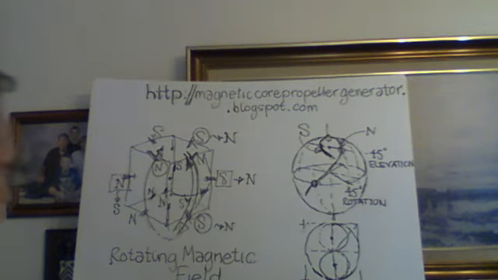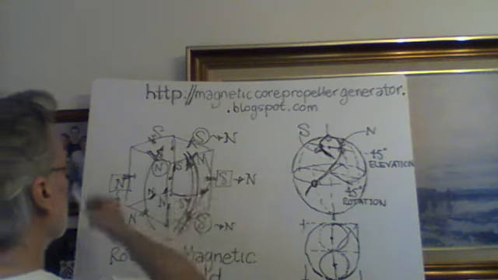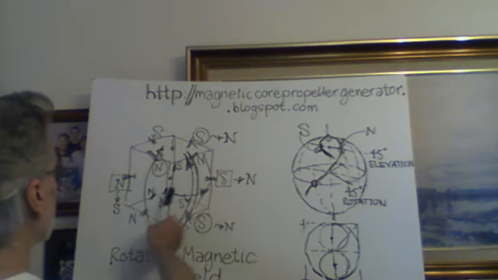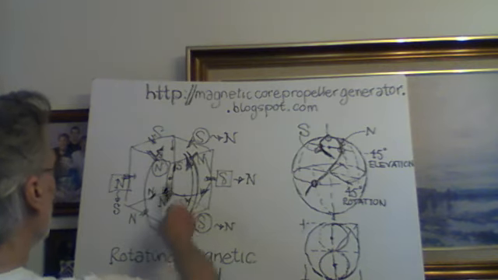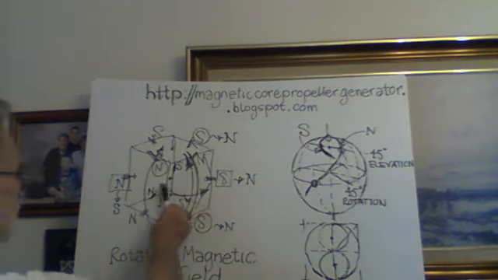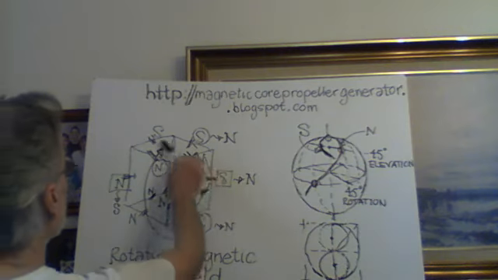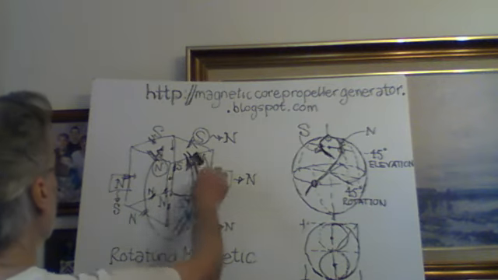Just returning to the way in which the core is driven. I've shown you before with 4 electromagnets around there, but these 4 are replicated up here and down here.